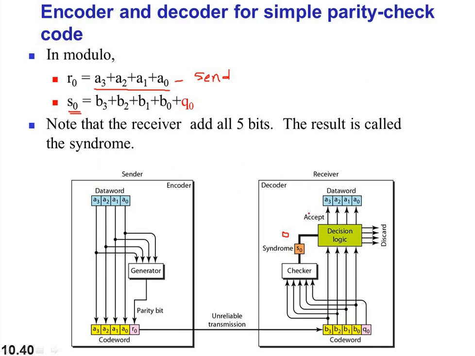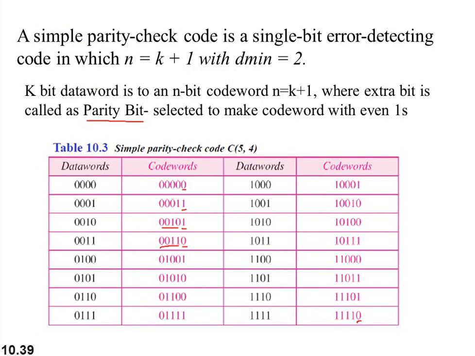If the syndrome is 0, that means no error has occurred, so the data is accepted, and if the syndrome is 1, then it simply discards the bit. Let us consider this case, 0 0 1 1 0.